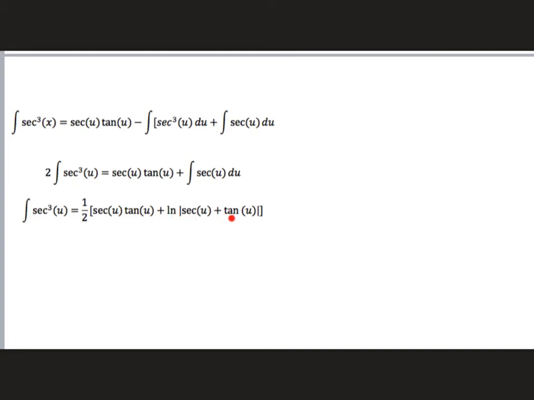And that comes from writing this as 1 over cosine and doing substitution, but I think it's already gotten pretty hairy at this point. But you can see how this comes about, and this is the integral that you get from doing the secant cubed.